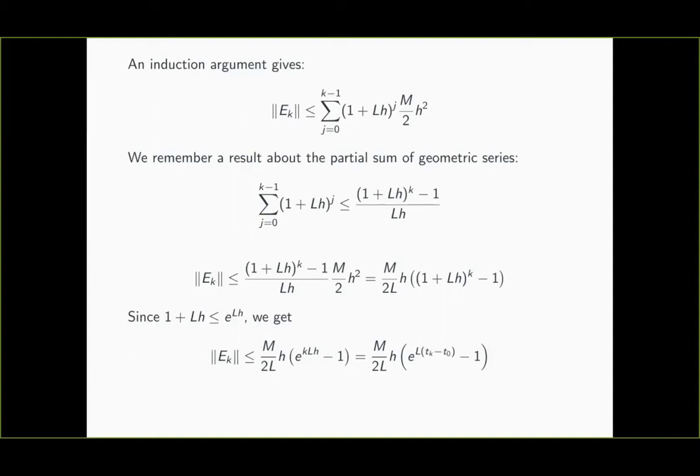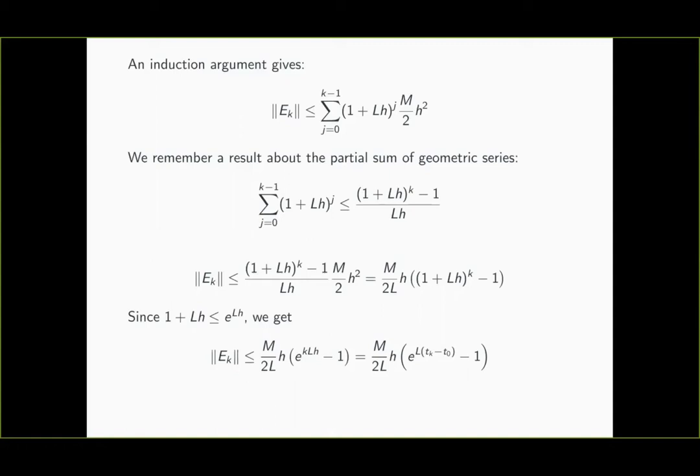Okay, next I pull off another inequality that is known from calculus or real analysis, namely 1 + LH is bounded from above by the exponential of LH. Plugging that in, I get the following upper bound for the kth error in Euclidean norm, namely M over 2L times h times (exponential of k times LH minus 1).